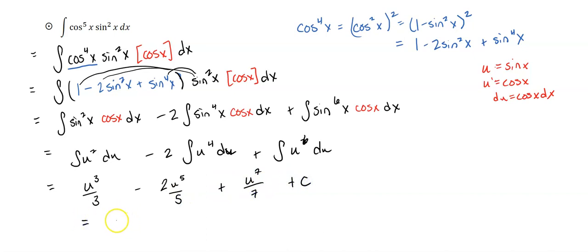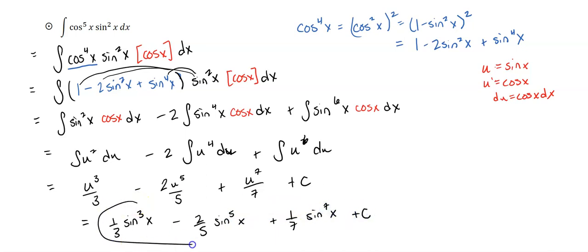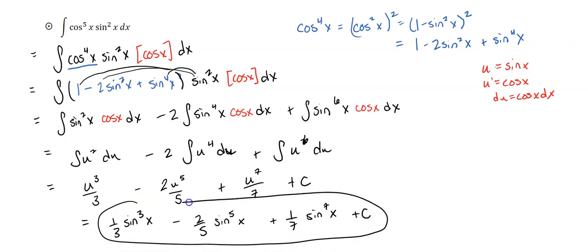And when I plug my sine back in, I get 1/3 sine cubed of x minus 2/5 sine to the fifth of x plus 1/7 sine to the seventh of x, all plus c. And that will be my final answer.